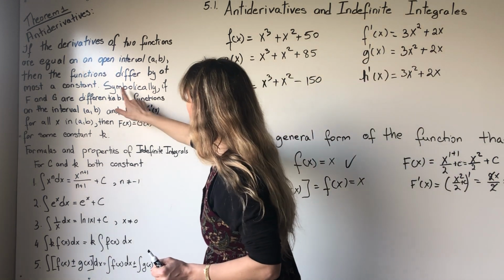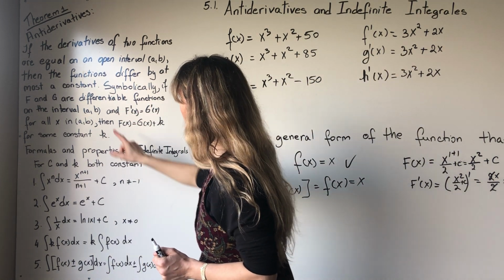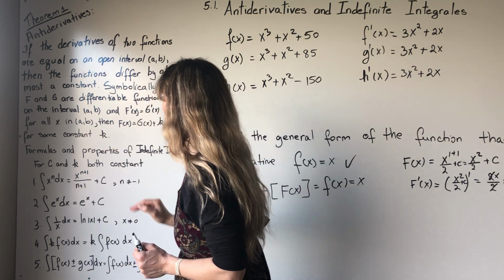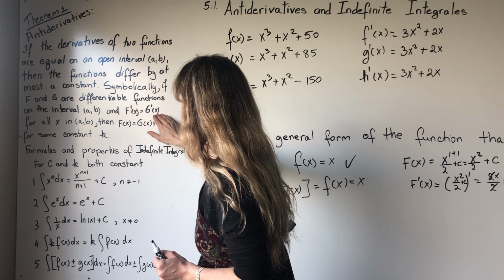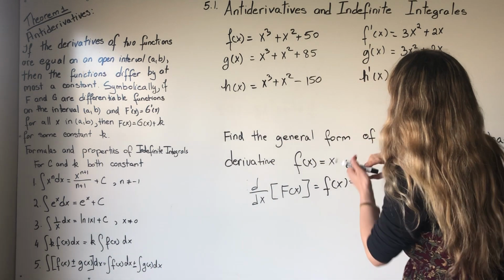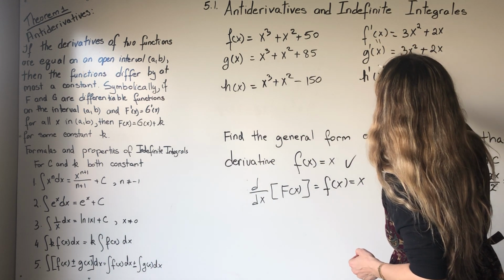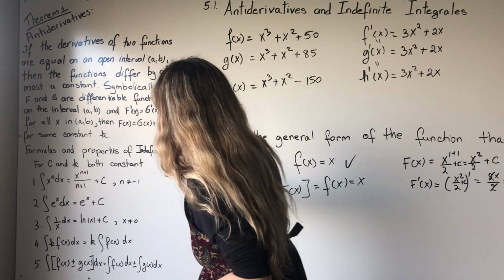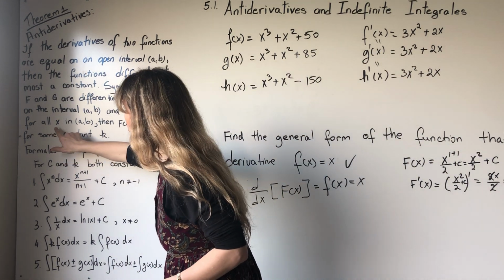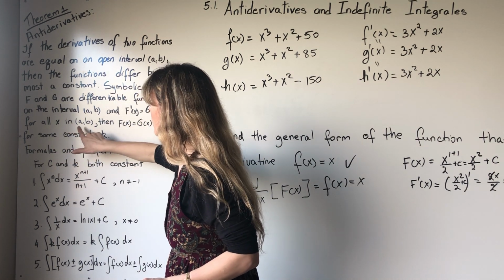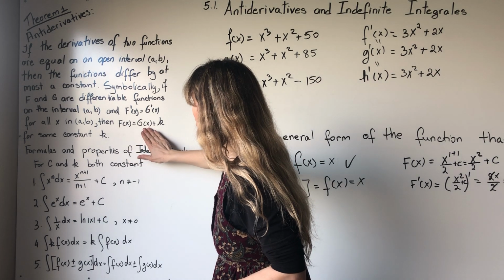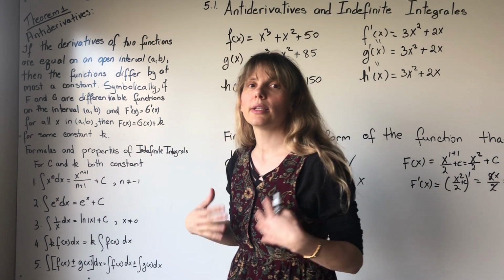Okay. Symbolically, if f and g are differentiable functions on the interval AB and f prime of x is equal to g prime of x, which is true, f prime of x is equal to g prime of x and is equal to h prime of x, for all x in this open interval AB, then f of x is equal to g of x plus that constant.